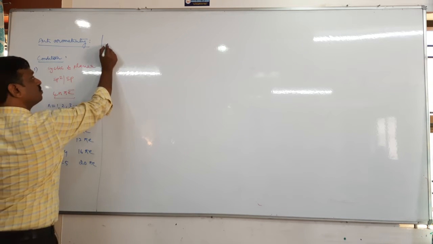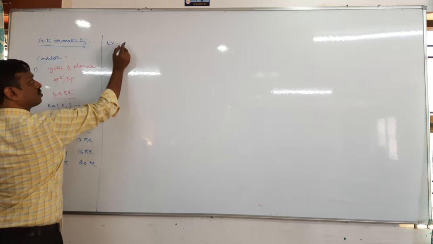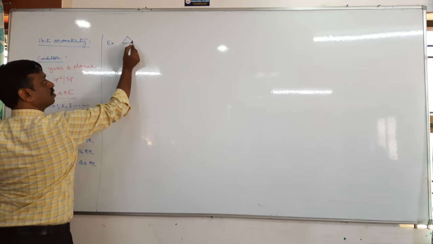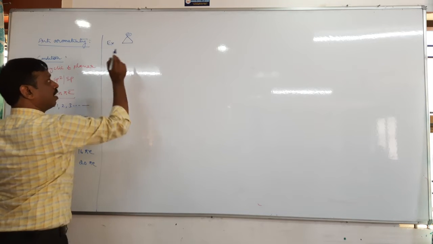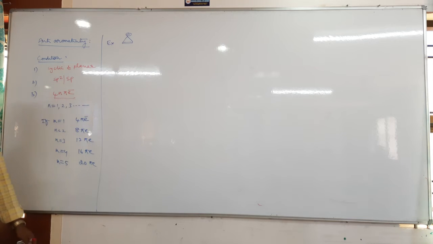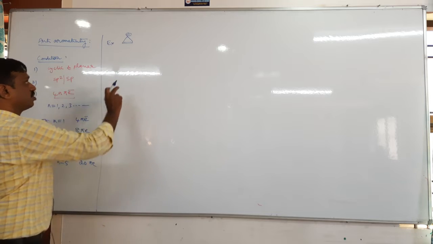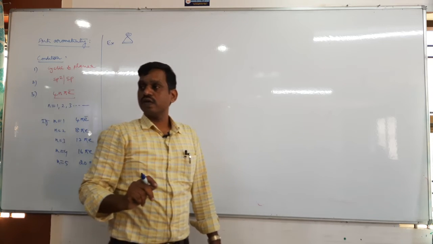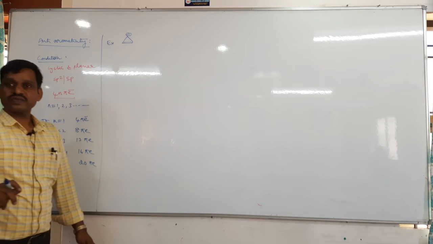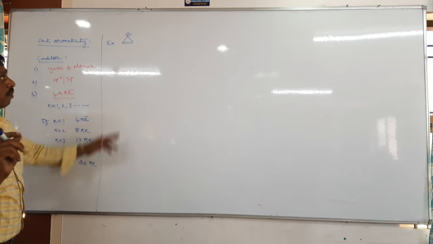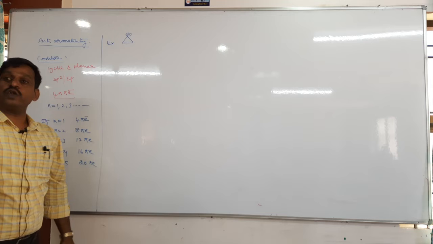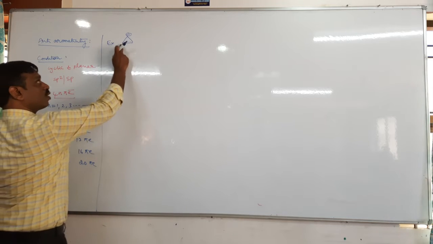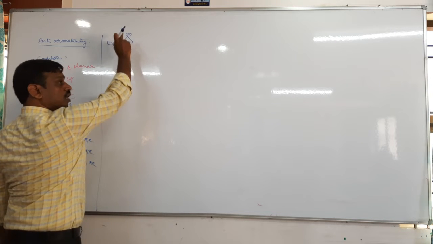For example, let us take the cyclopropene anion. Is it aromatic or anti-aromatic? First condition: is it cyclic or not? Cyclic. Planar or not? All the members of the ring must be either sp2 or sp. This is sp2, this is sp2, this is also sp2.